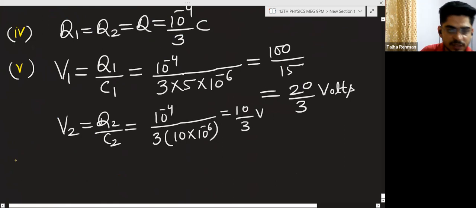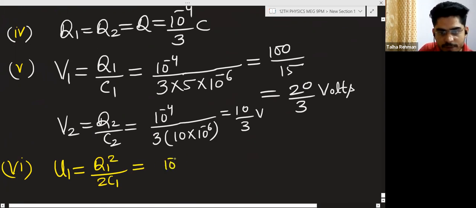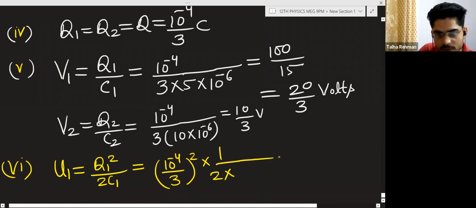Now in sixth, energy stored in each capacitor. Energy stored in one capacitor means Q1 square divided by 2 times of C1. Simple. Q1 square is 10 to the power minus 4 divided by 3 whole square, into 1 upon 2 times of C1.